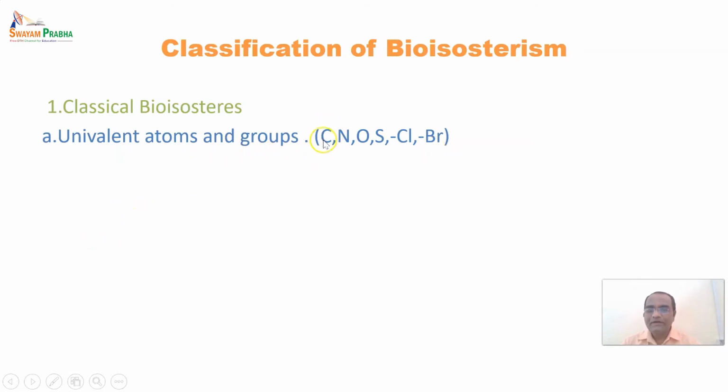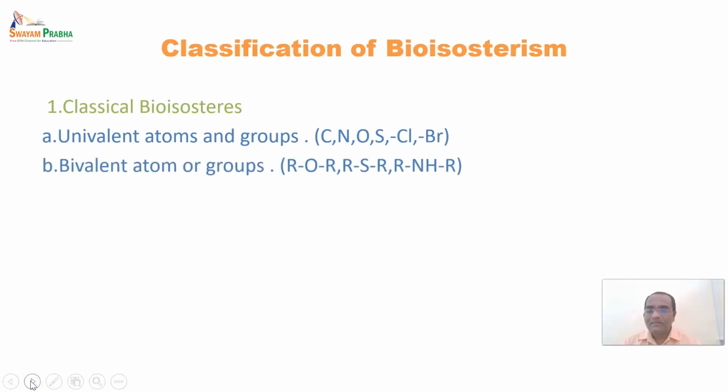Univalent means that there is replacement of just one atom. After that, bivalent atoms or groups. Bivalent means the atom has two valencies, like ethers, sulfur, and amide or amine groups.